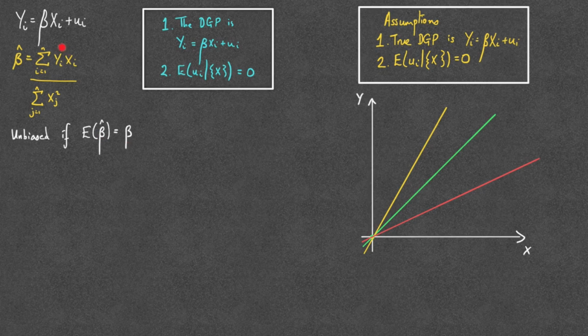Now, when we're analyzing these estimators, the first place to start is usually to try and substitute in the data generating process for y. So that means that we can rewrite beta hat as being equal to the sum between i is equal to 1 and n. Substituting in our data generating process, yi is just equal to beta xi plus ui.